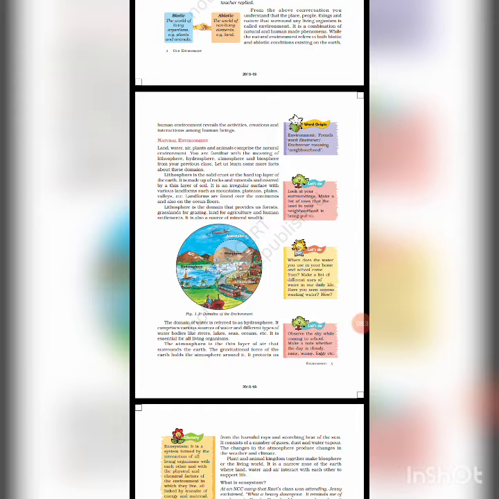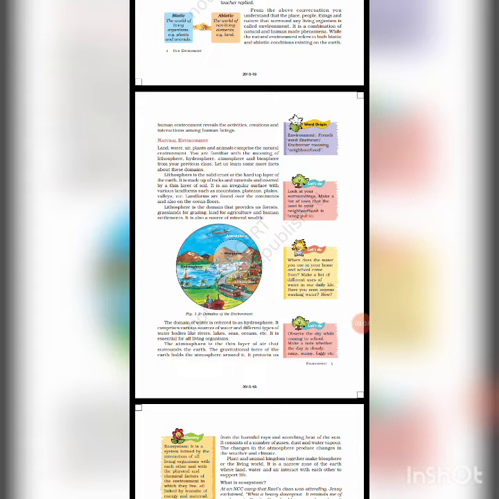Hydrosphere refers to the water bodies like rivers, lakes, seas, oceans that exist on earth. The atmosphere is the thin layer of air that surrounds the earth. It protects us from the harmful rays and scorching heat of the sun.